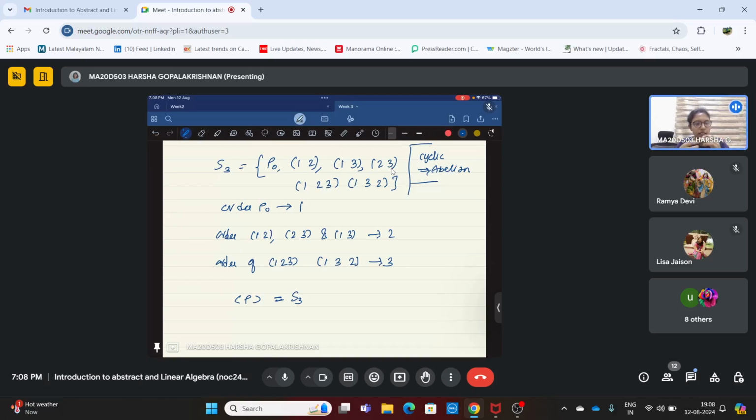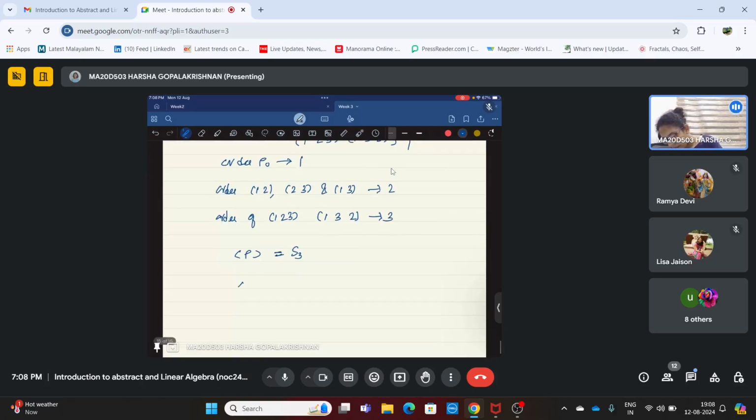Either in the generating, if I am generating (1 2) for example, I am doing (1 2), and then (1 2) again, I will get the identity, correct? Because the second time I do (1 2), I will get the identity itself. If I am doing (1 2 3), you can verify this.